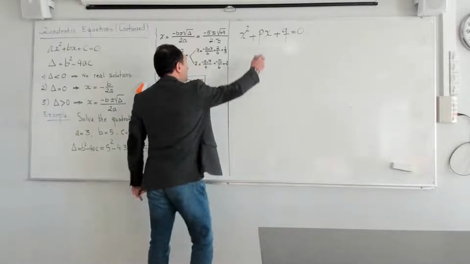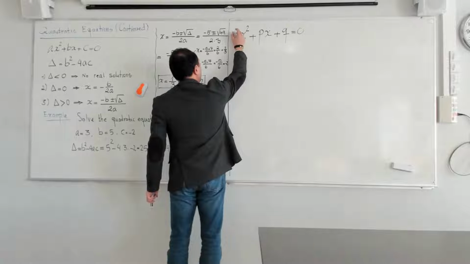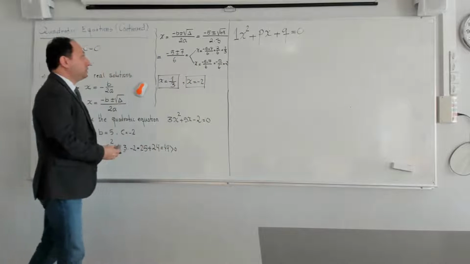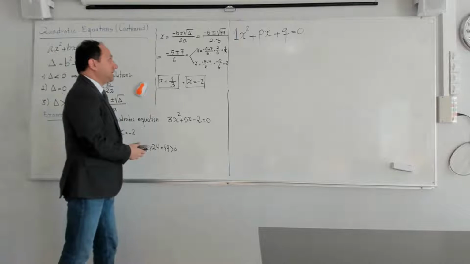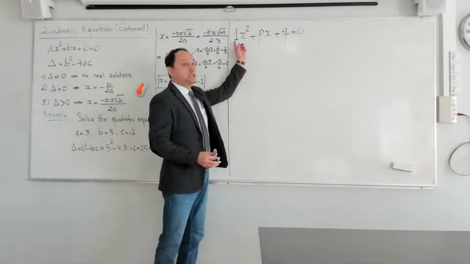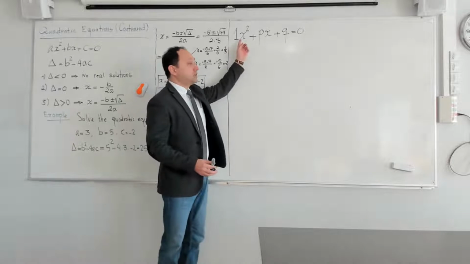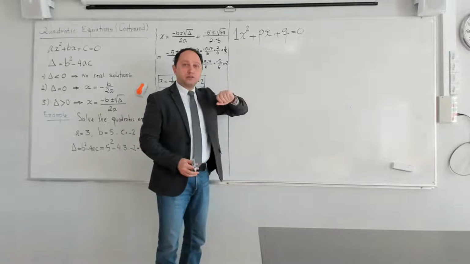So this is why, let me emphasize here by writing a capital 1 here. This formula only works if the coefficient of x squared is 1. Of course, that's not a big deal, because even if this is not the case, I can simply divide first.